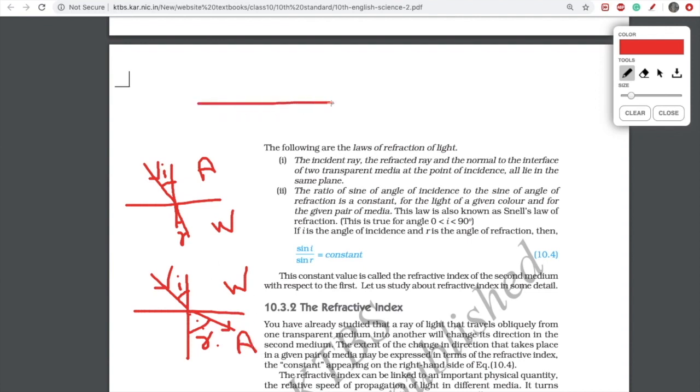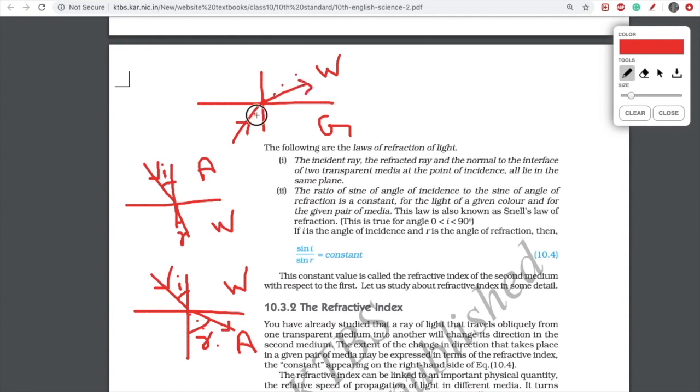Okay, now if this was glass and this was water, and the light ray is traveling like this and moves away from the normal, glass is the denser medium, water is the rarer medium, and it bends away from the normal.